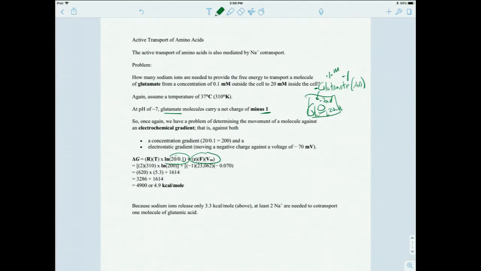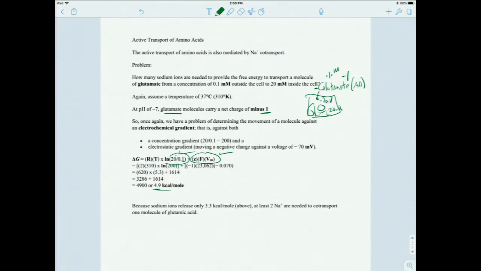So running all of that together means that when I have the charge and the concentration gradient, I'm going to need 4.9 kilocalories per mole to move that glutamate across.